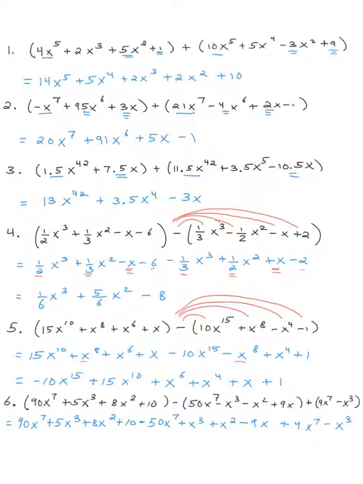And let's see, so if I start looking for like terms, the largest exponent is the x to the 7th. We have 90 here, negative 50 here, but then a positive 4 here. So I'll do this as 90 minus 50, which is 40, and I'll add 4 to give me 44x to the 7th.